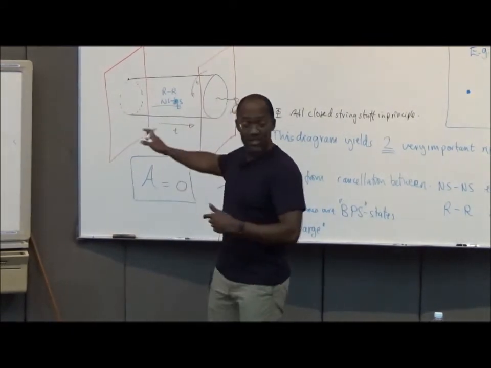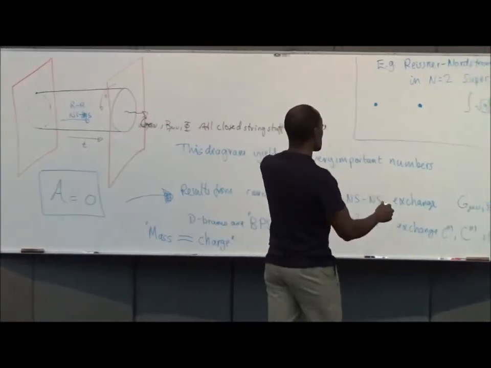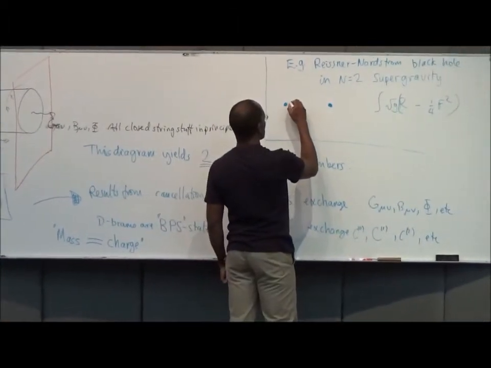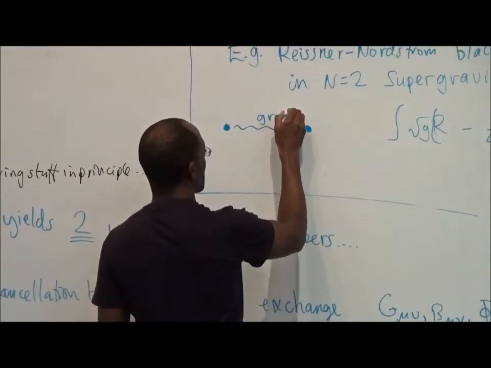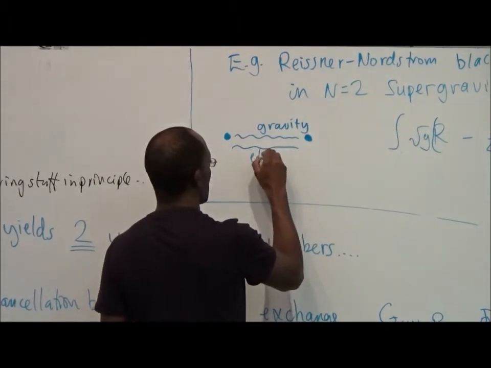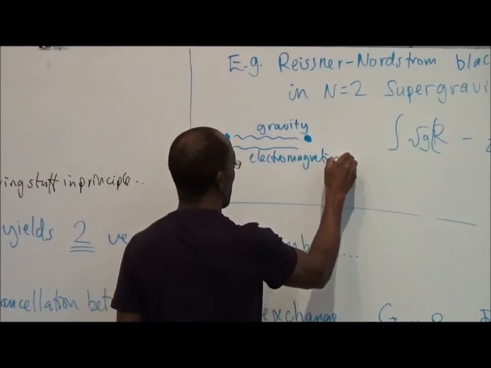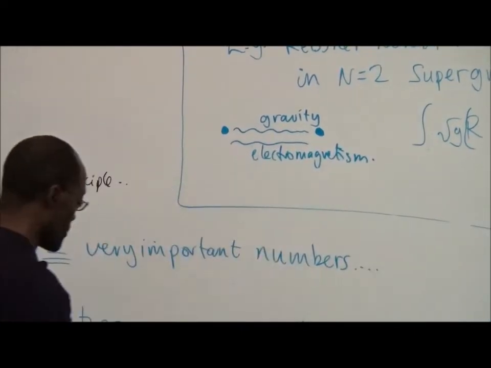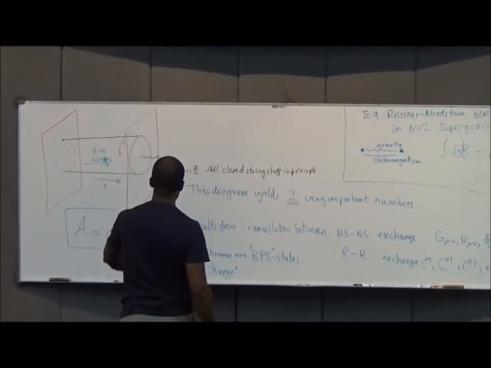Hopefully now you see the analogy with what's going on here. The force cancels due to gravity balanced by electromagnetism. So this is a really good example to have in your head when considering this setup.